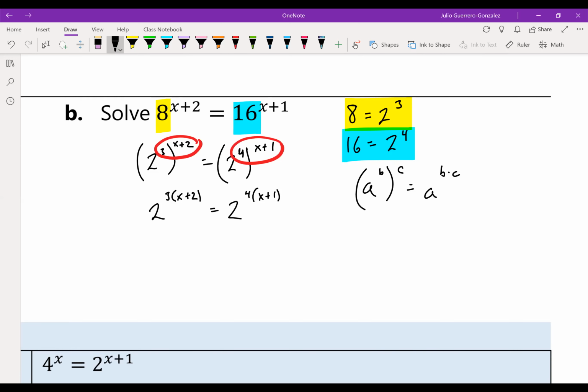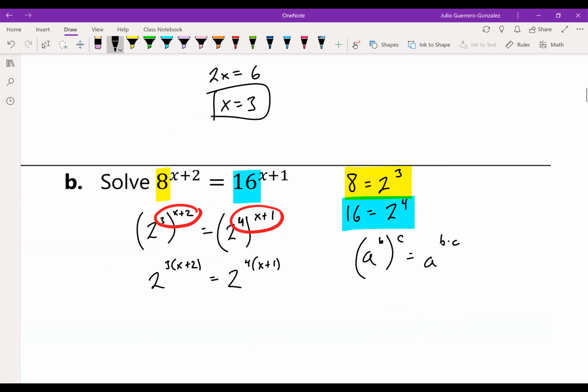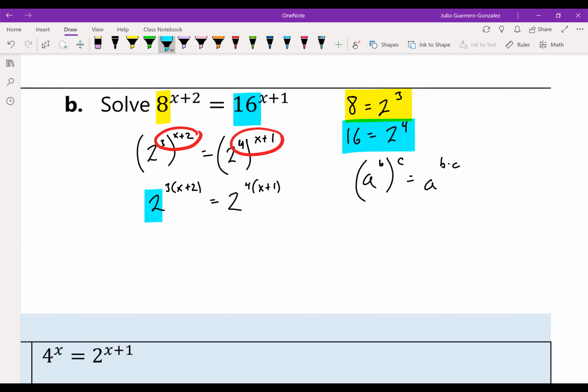Now we have the same situation that we had above, where the two bases are now the same, so our exponents have to be equal. So 3 times x plus 2, whoops, I forgot to put the parentheses, is equal to 4 times x plus 1.